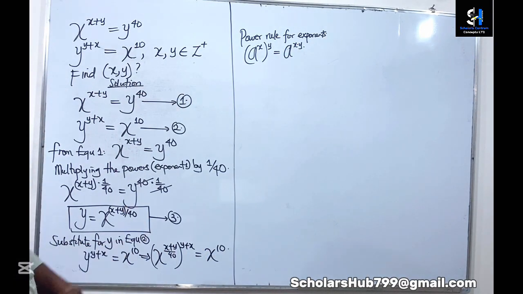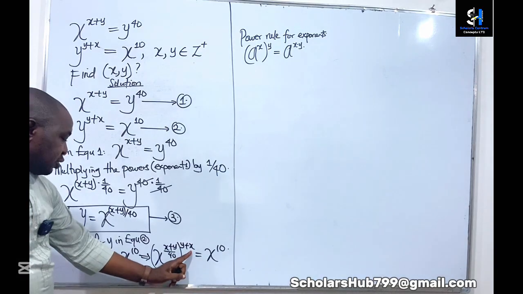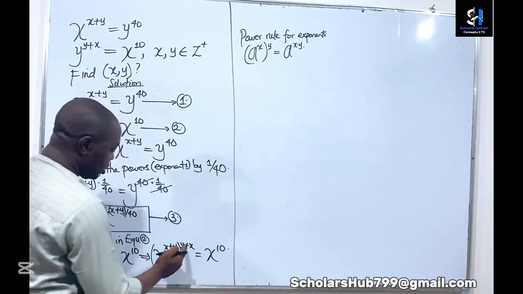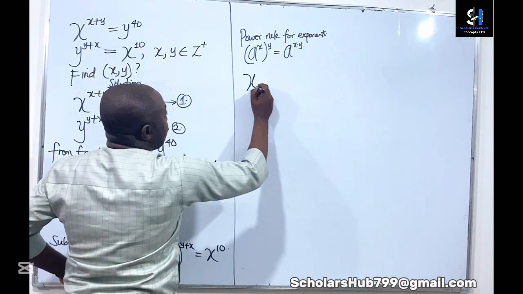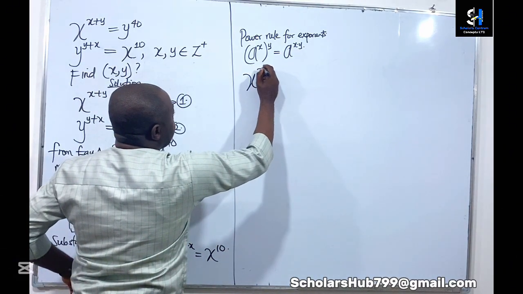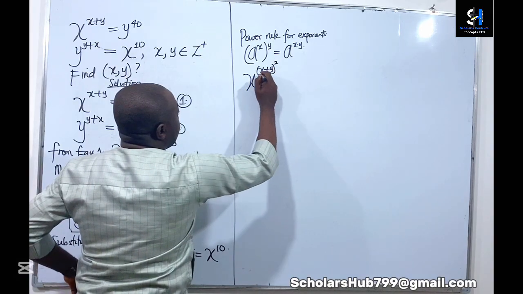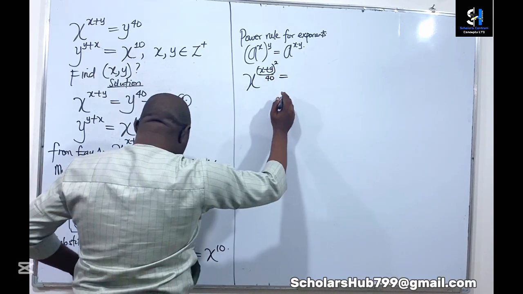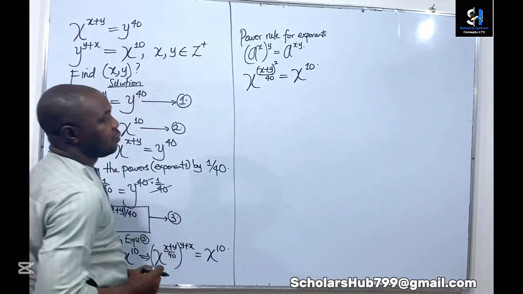That is the power rule for exponents. So I'm going to apply that in this case. This will multiply this, so that means y plus x times x plus y over 40. This will be x plus y raised to the power of 2 over 40 equals, then on the right hand side we have x raised to the power of 10.